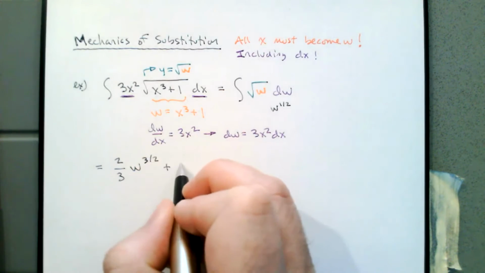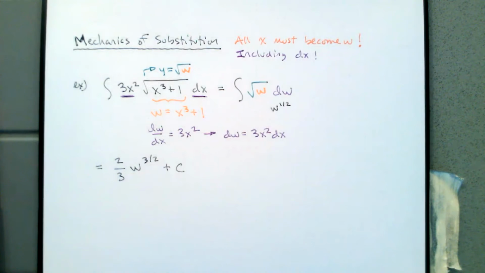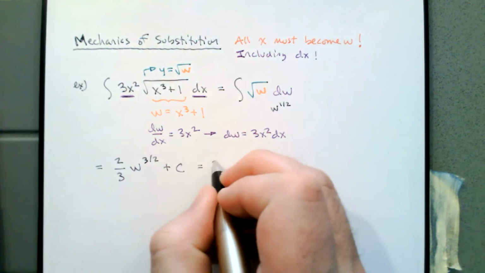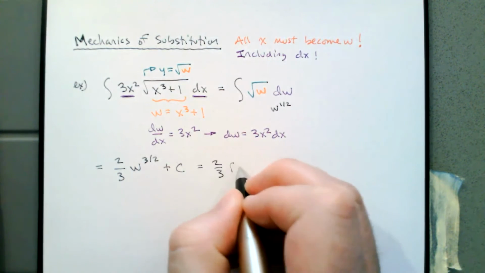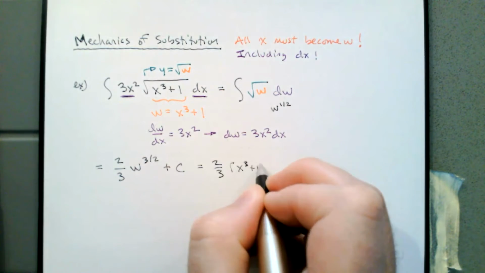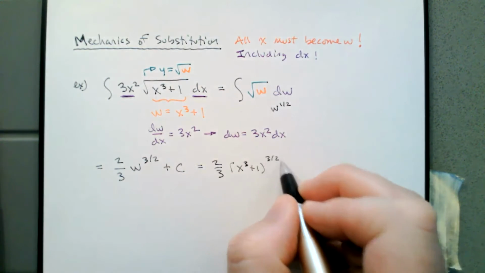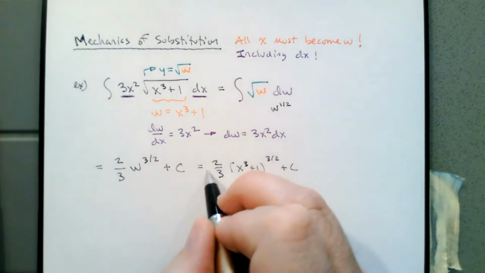And then we put plus c because we've done some integration. And now I can replace the w with x cubed plus 1. So now this is equal to 2/3 times x cubed plus 1 to the 3/2 plus c.